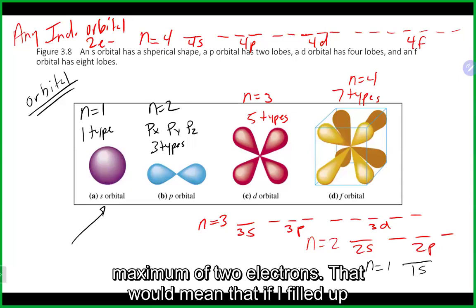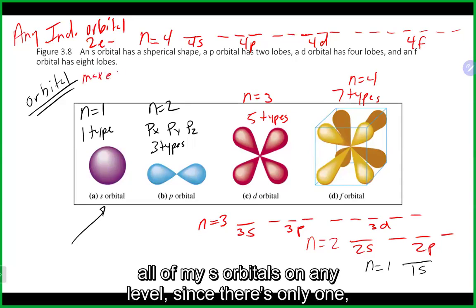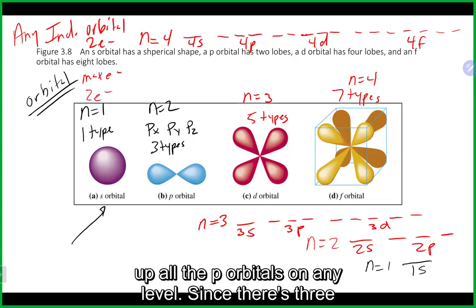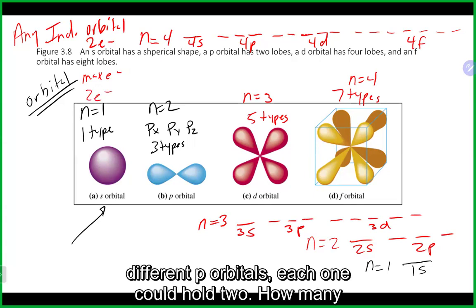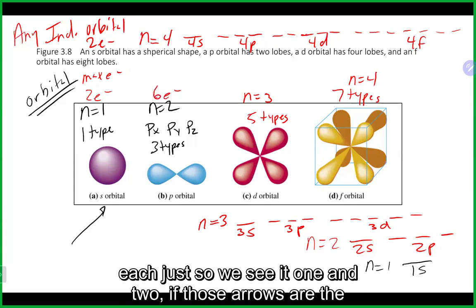That would mean that if I filled up all of my s orbitals on any level, since there's only one, how many electrons could it maximally hold? 2. If I filled up all the p orbitals on any level, since there's 3 different p orbitals, each one could hold 2, how many electrons could it maximally hold? 6 electrons. Yeah, 2 in each.